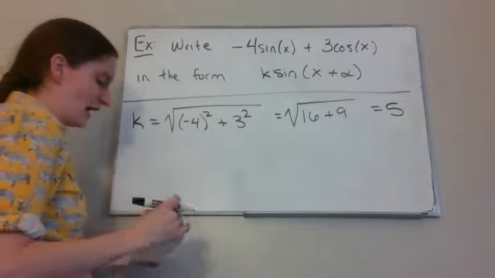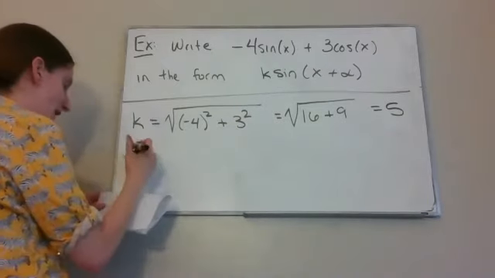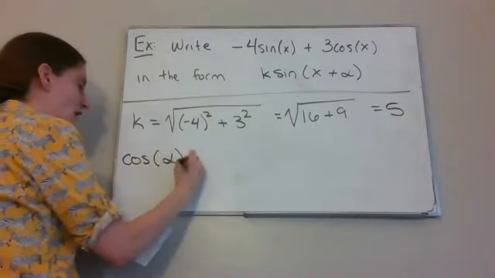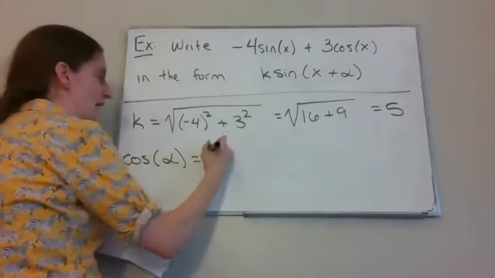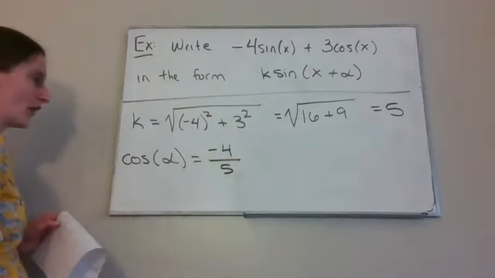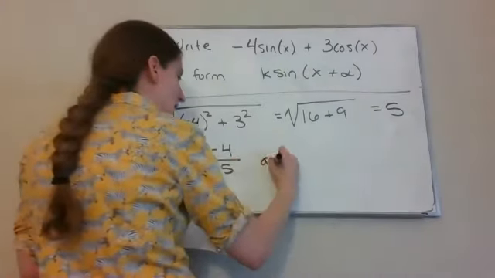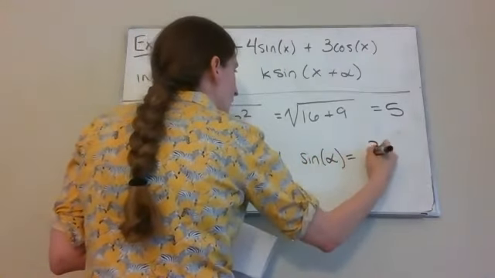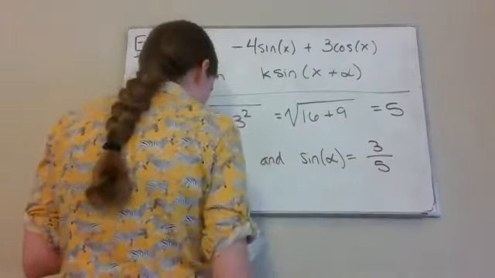So I have my k as 5, and now I need to find alpha. I know cosine of alpha is supposed to be equal to my a, which is -4, over k, which is 5. And I know my sine of alpha is supposed to be b, which is 3, over k, which is 5.